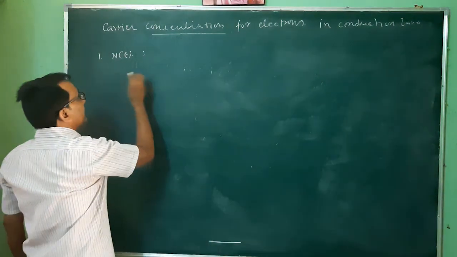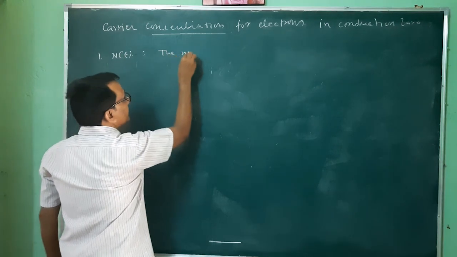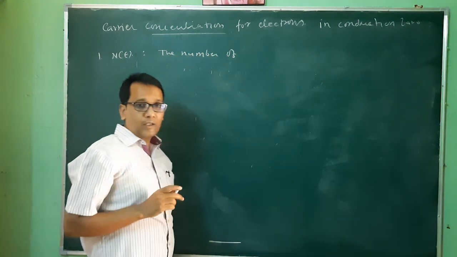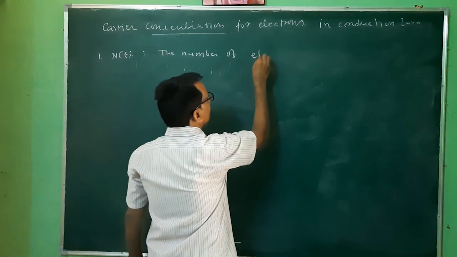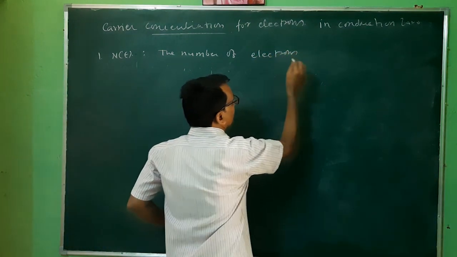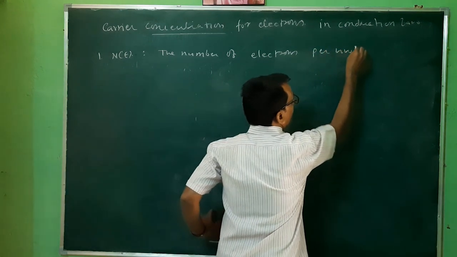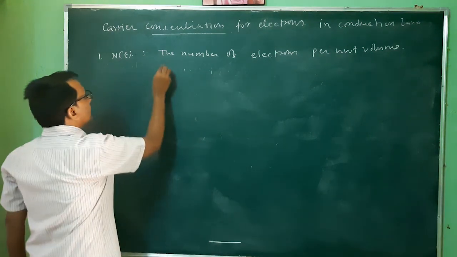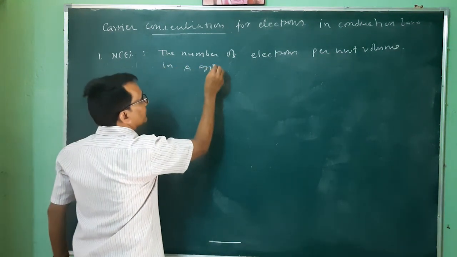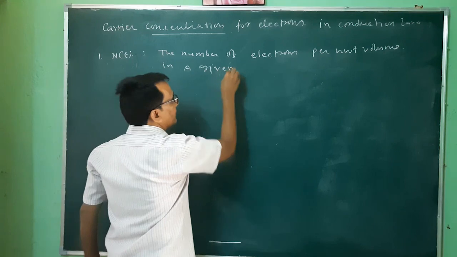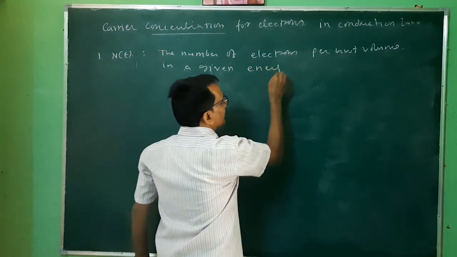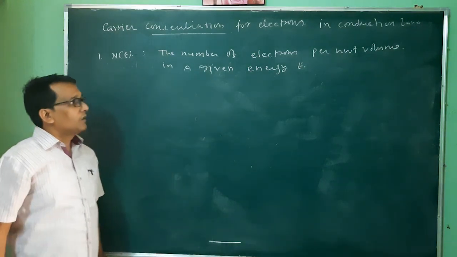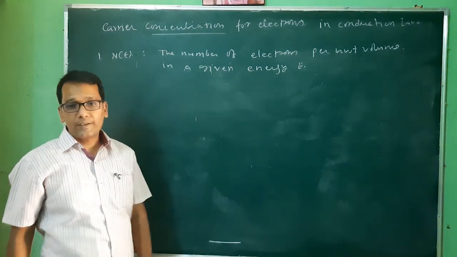Here N(E) is the number of electrons per unit volume at a specific given energy E. So this is a function of energy E.